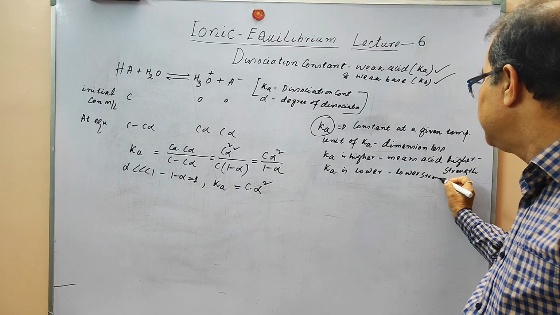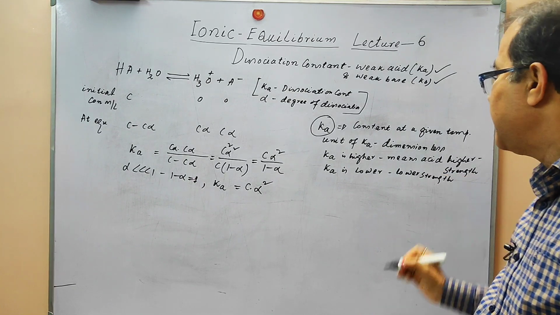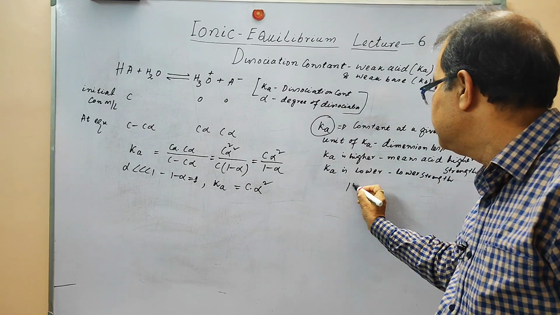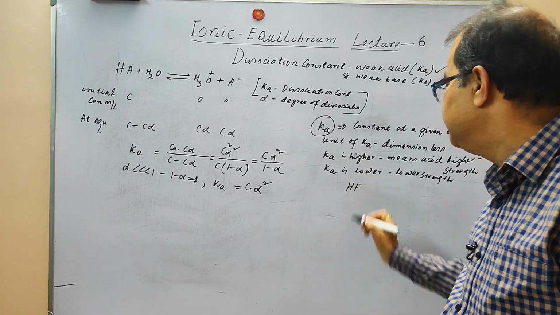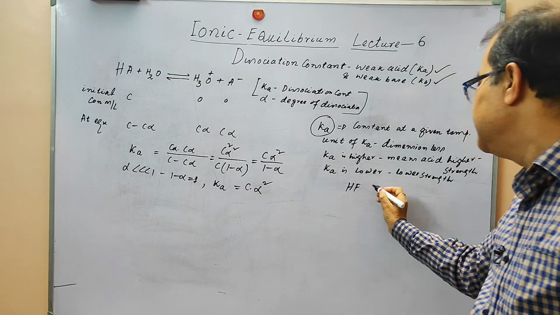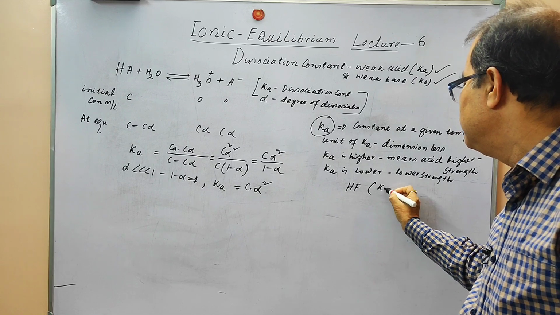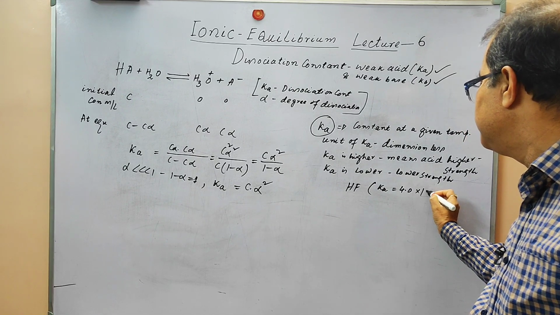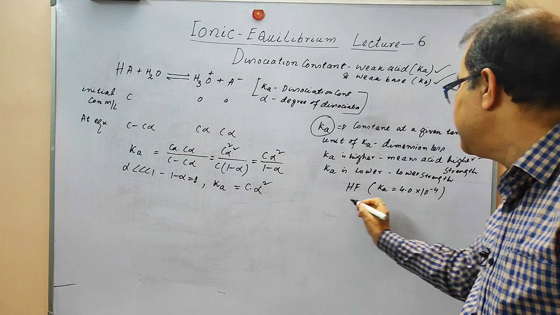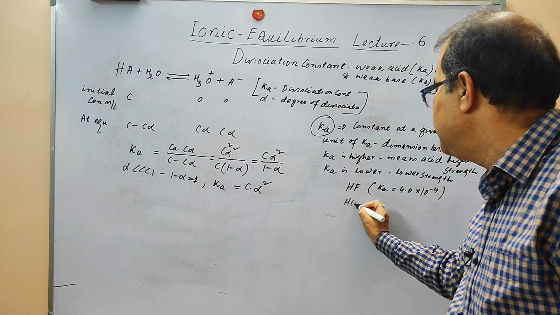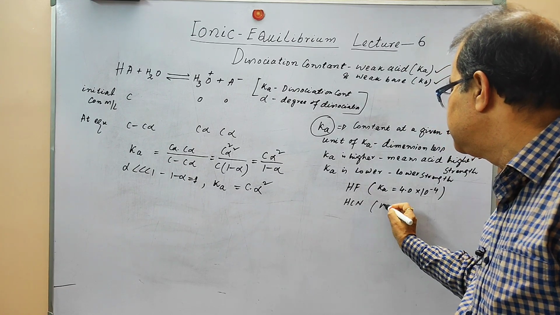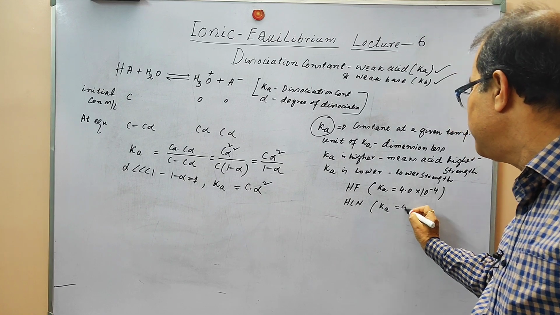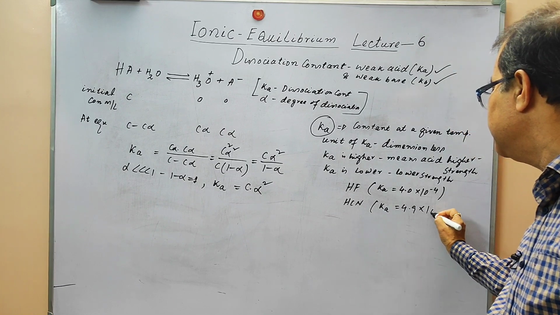So the value of K is very, very important. For example, take HF acid, hydrofluoric acid. Its K value is around 4 into 10 to the power minus 4, whereas for HCN, hydrocyanic acid, K is 4.9 into 10 to the power minus 10.